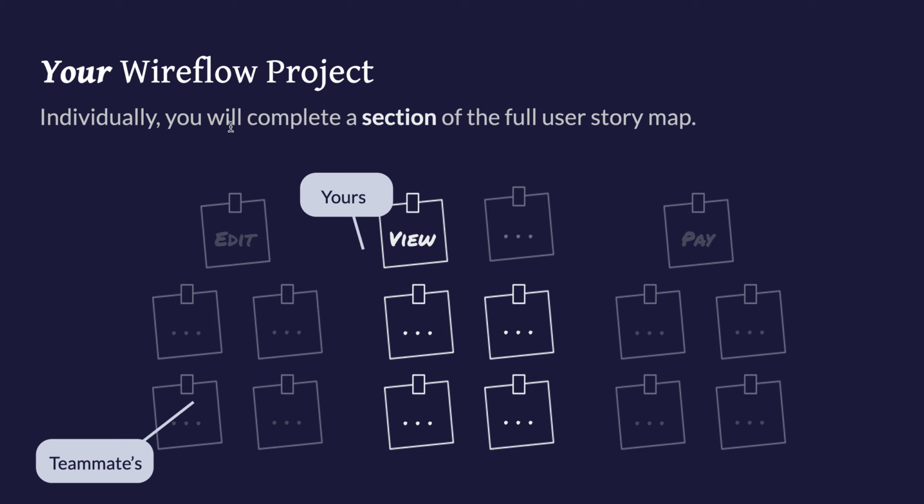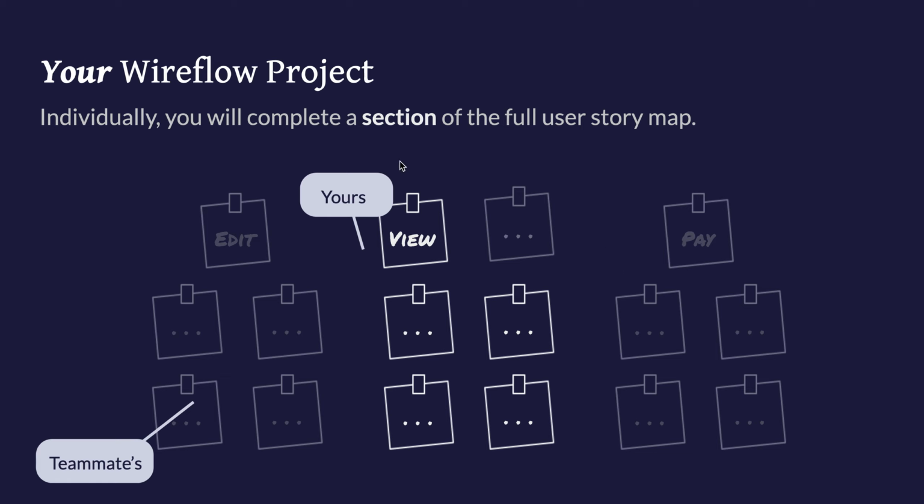For your wire flow, you're going to be completing just one section of the full user story map. So, for instance, if you're doing a takeout order, you might just be covering how to view what the order contains, whereas other people might be doing the editing or might be doing the payment.